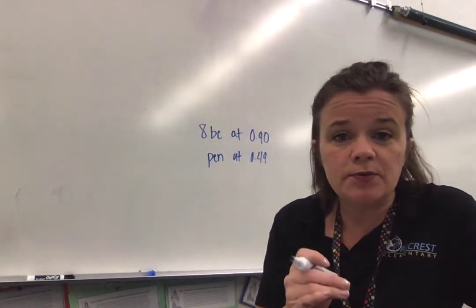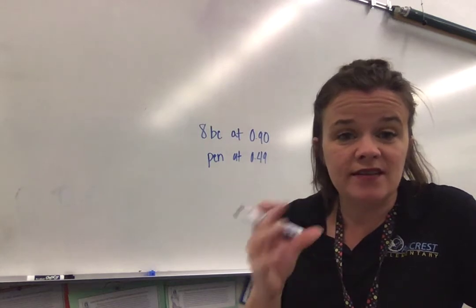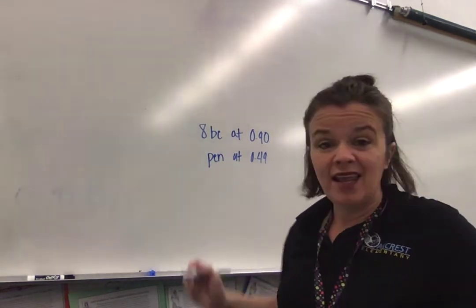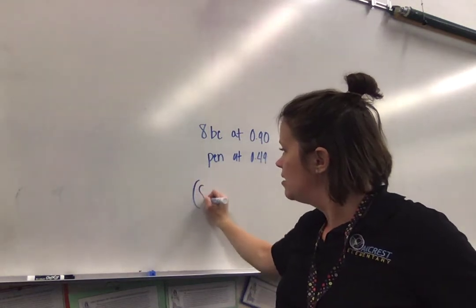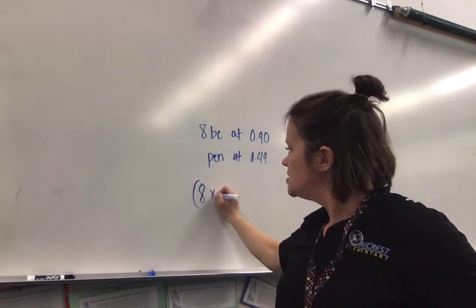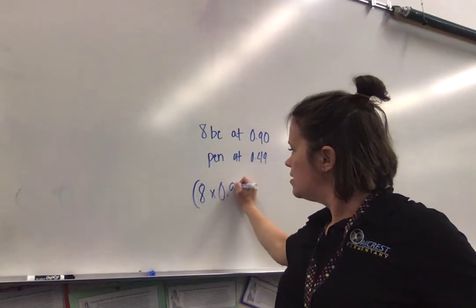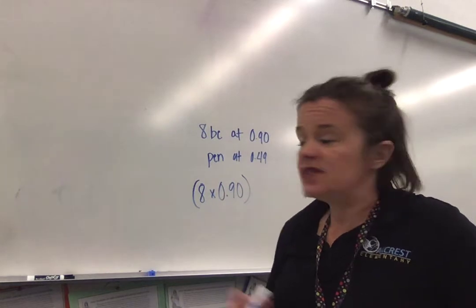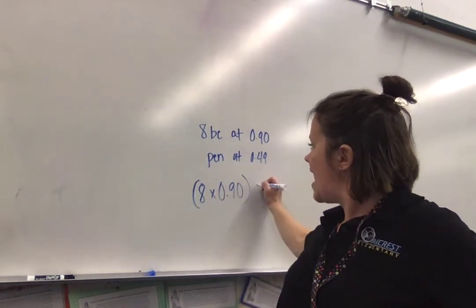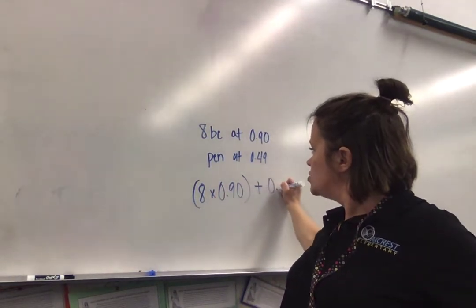So I need to multiply the 8 times 90 cents. So I'm going to put that in parentheses because that is the most important. So 8 times 0.90. And then my next step is, after I do this part, I'm going to add the cost of that pen, which was 49 cents.